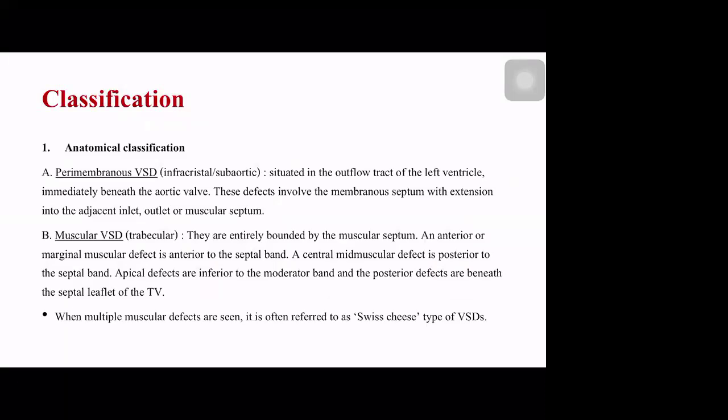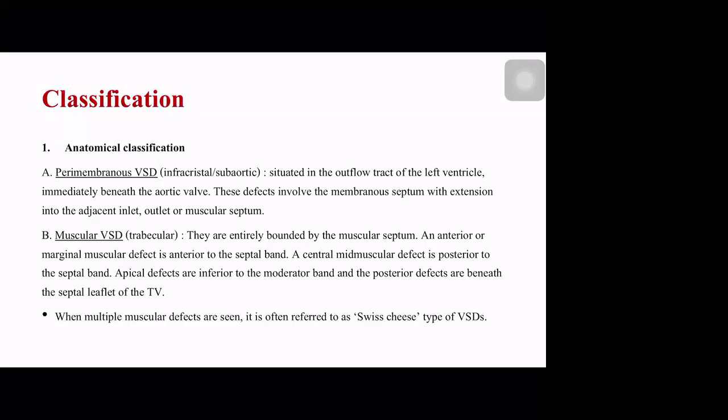So, coming to the classification, ventricular septal defect can be classified in various ways. The most common approach for the classification is the anatomical classification. First one is the perimembranous VSD or infracrystal VSD or subaortic VSD. It is situated in the outflow tract of the left ventricle, immediately beneath the aortic valve.